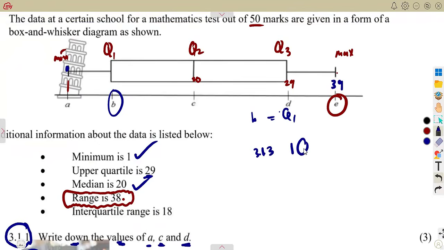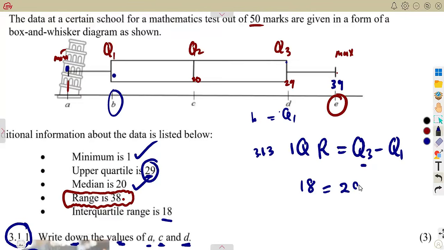Remember, the interquartile range is the difference between the upper quartile and the lower quartile, Q3 minus Q1. We are given the interquartile range as 18. We are given Q3, the upper quartile, as 29.